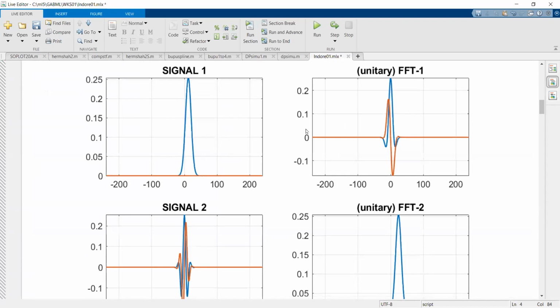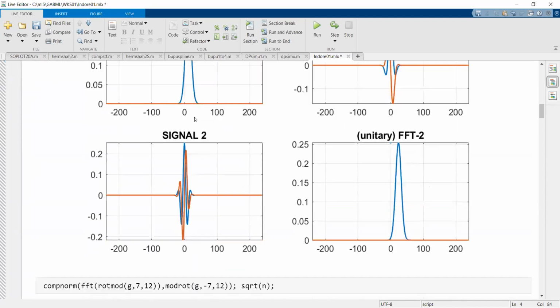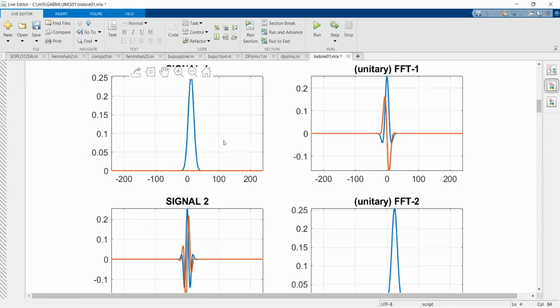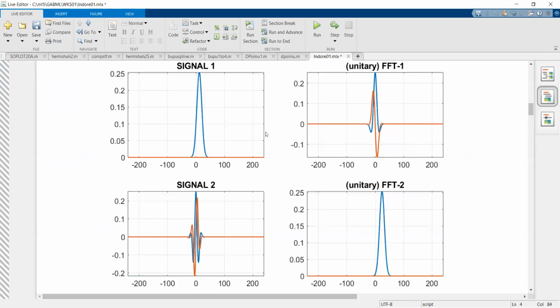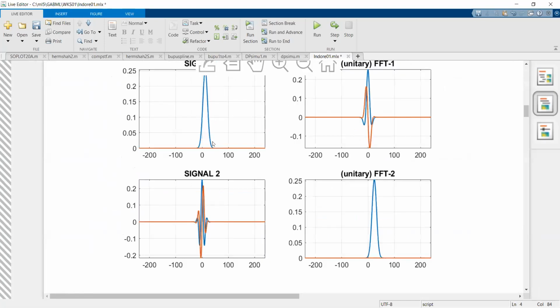Now, what we are doing is we have time shift, which means we're doing an offset to the right. And of course, this has to be done in the spirit of a cyclic shift.